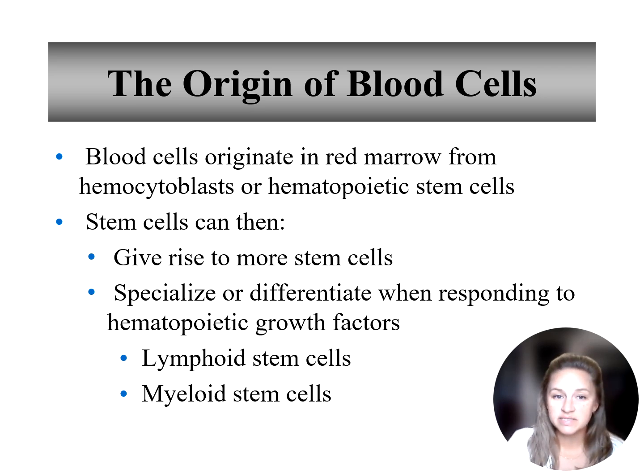To be a stem cell just means that there's the potential to differentiate into another cell. So some of these stem cells will differentiate into more stem cells. Some of them will differentiate into lymphoid or myeloid stem cells, but we're going to look at each of them individually.